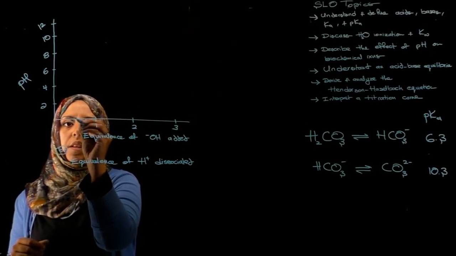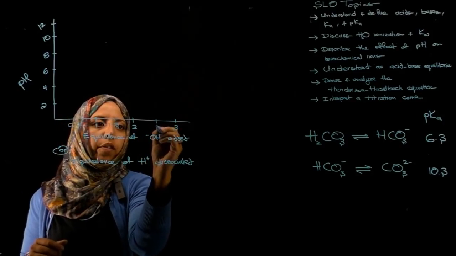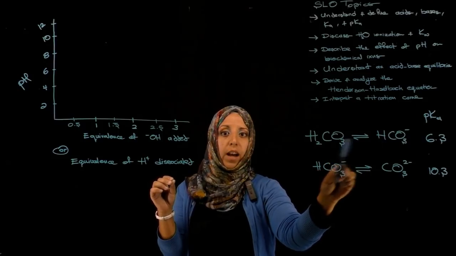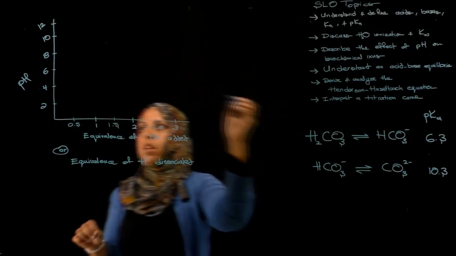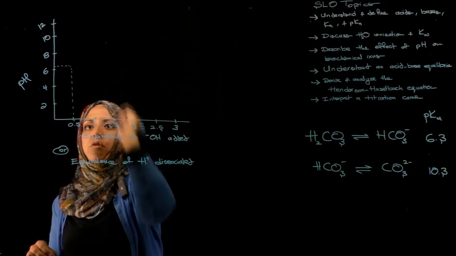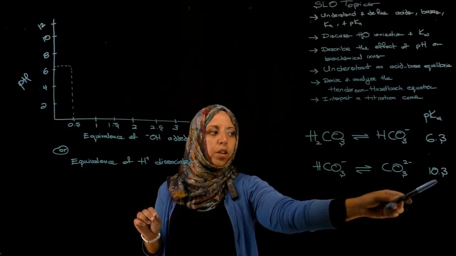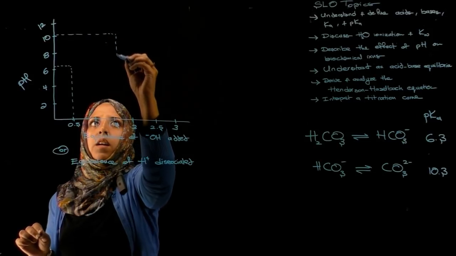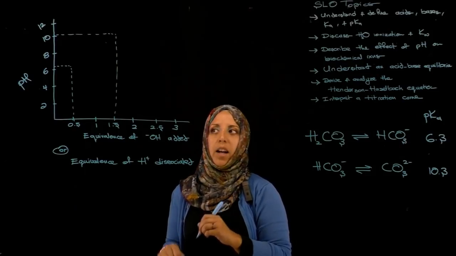So at 0.5, at 1.5, and we don't have a 2.5 really. So at half the equivalence point, the concentration of the acid and its conjugate base is exactly the same, and that is correlated to the pH of the solution. So at about 6.2, that's when the concentration of the acid and the base are exactly the same for the very first deprotonation. For the second one, it's at 10.3. Right? So those dotted lines are when the pH is equal to exactly the pKa.